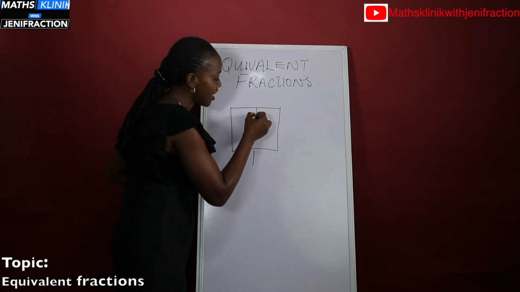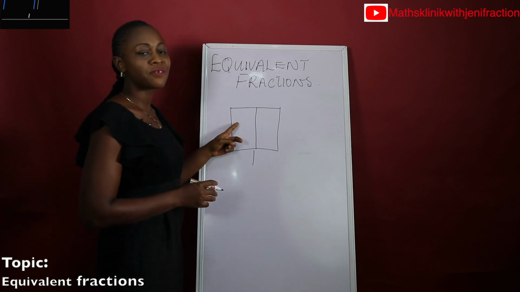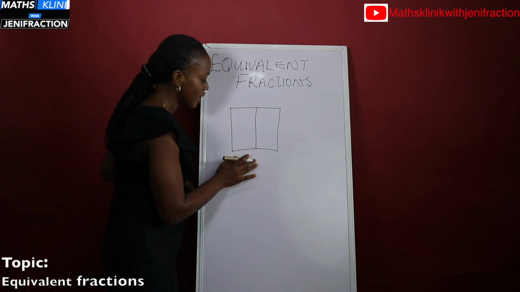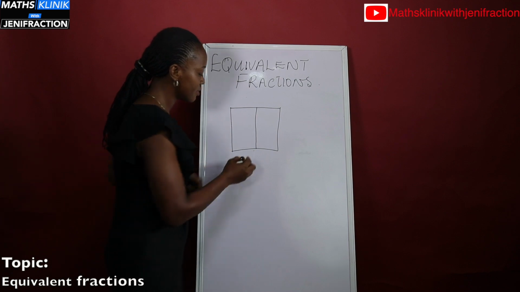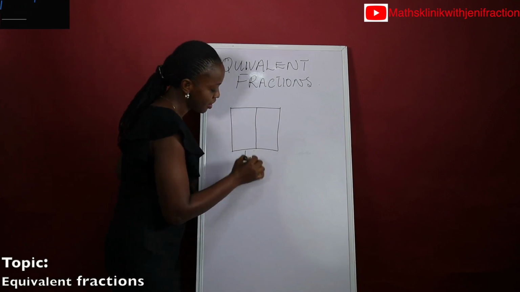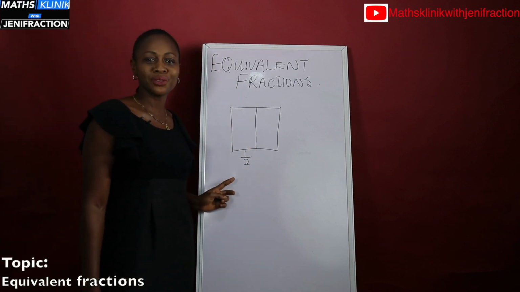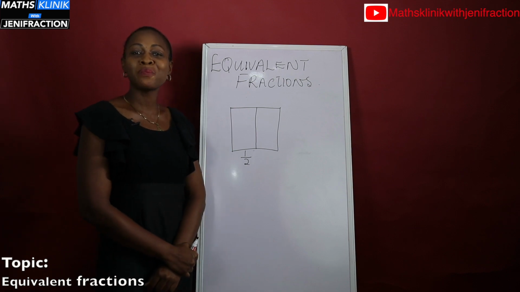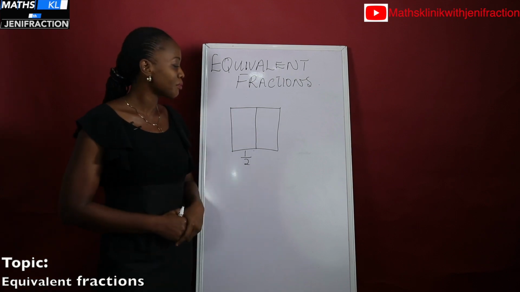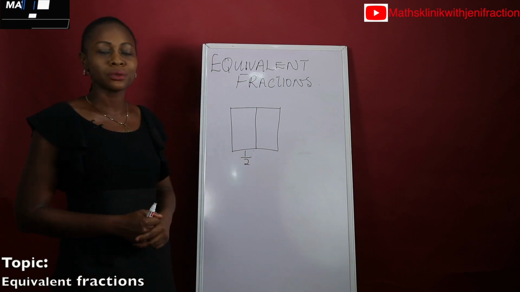So if I share into 2, I have a fraction. What fraction is this? I have 1 out of 2. So this fraction is 1 out of 2. I have shared the whole biscuit into 2. We have a fraction 1 out of 2.